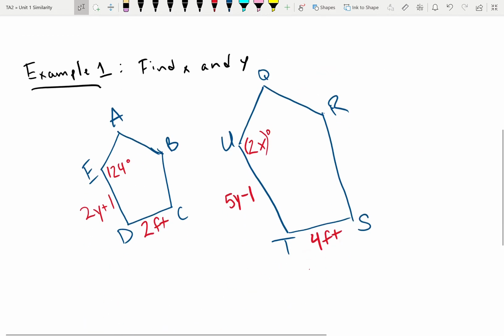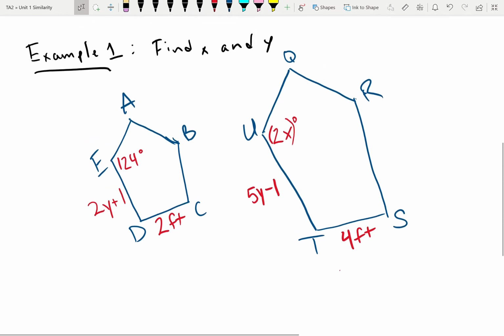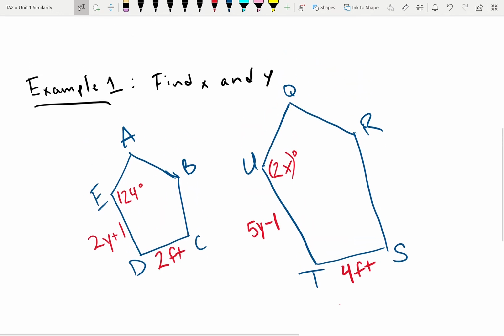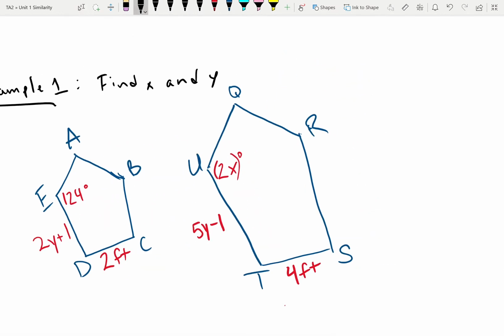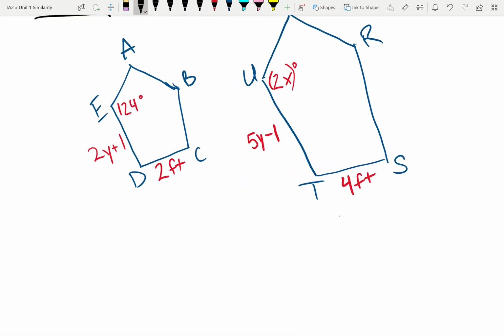So let's take a look at this example, example 1, where we have to find x and y. Now this kind of looks like a big mess, but let's take a look a little bit more in detail. We have A, B, C, D, E. Let's say we know that ABCDE is similar to QRSTU.